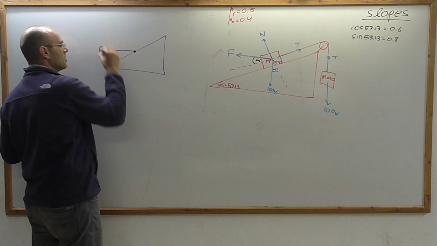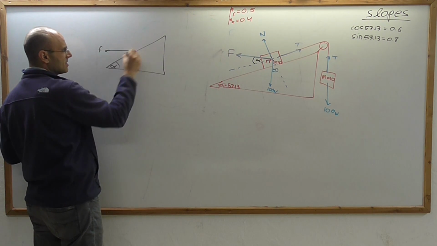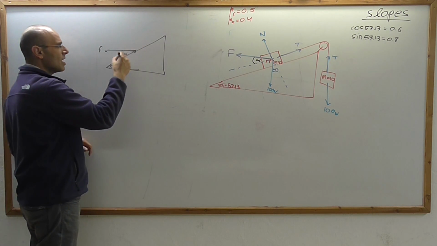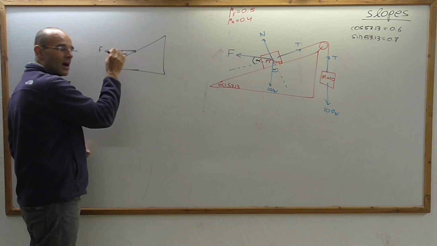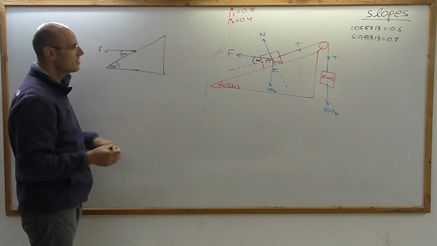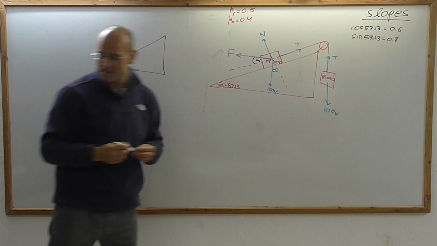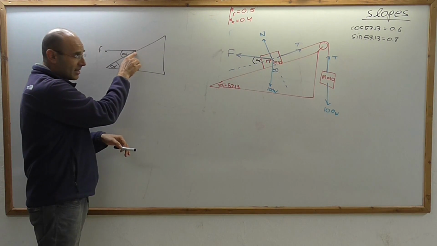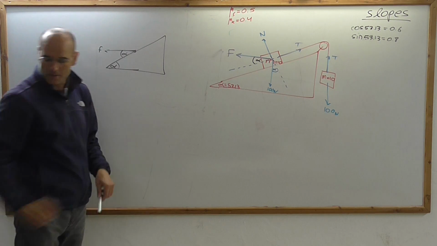This is the F, this is the alpha. You see the letter Z here? Always when you have the letter Z, these two are equal, they are called alternate interior angles. So this alpha and this alpha are the same. And again, if you're not sure, draw it like a point and it will be easier to see.